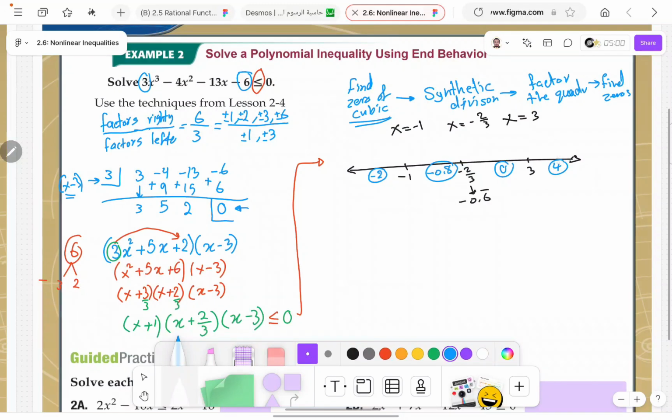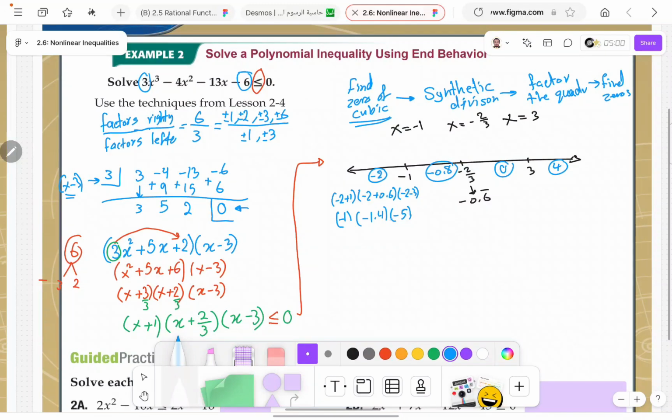Now let's replace these values in the function. The first one: negative 2 plus 1, negative 2 plus 0.6, and negative 2 minus 3. So negative 2 plus 1 is negative 1, negative 2 plus 0.6 is negative 1.4, and negative 2 minus 3 is negative 5.